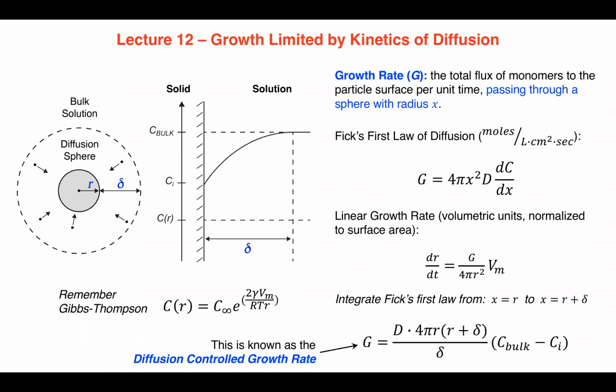This quantity in parentheses is the difference between the monomer concentration at the surface and out in bulk solution. So this is the amount of stuff that has been consumed here. So the growth rate is related to the difference between those two. It's this amount of concentration times these terms here, and diffusivity being one of those.